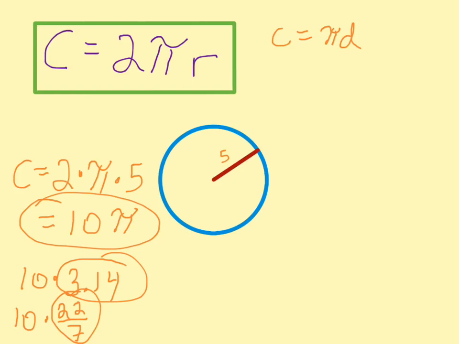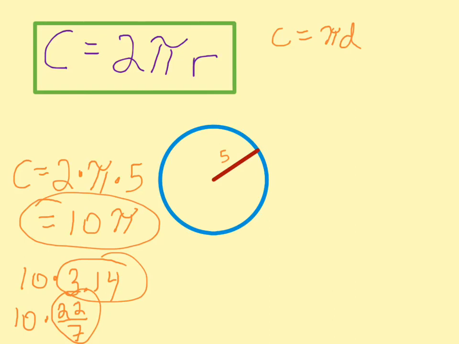So of the 4 possible answers: using the calculator's value for pi, multiplying by hand by the decimal approximation 3.14, multiplying by hand by the fraction approximation 22 sevenths, or the exact answer, 10 pi. Those are the 4 possible ones.